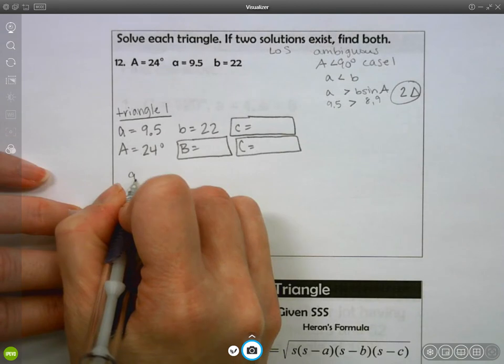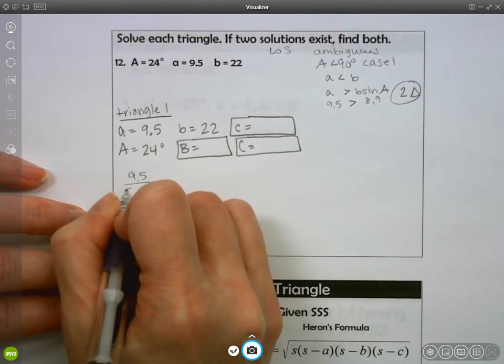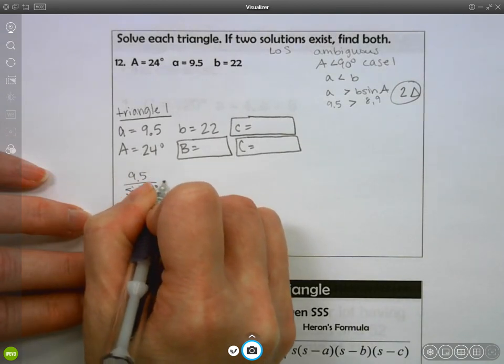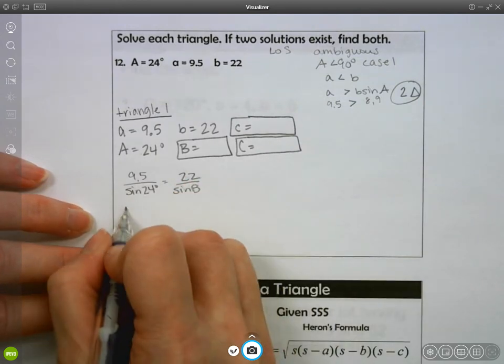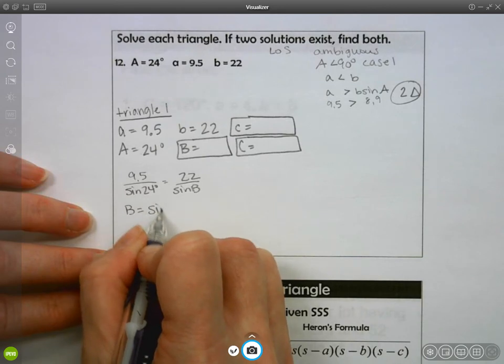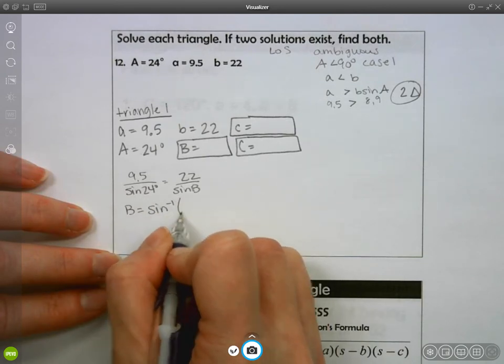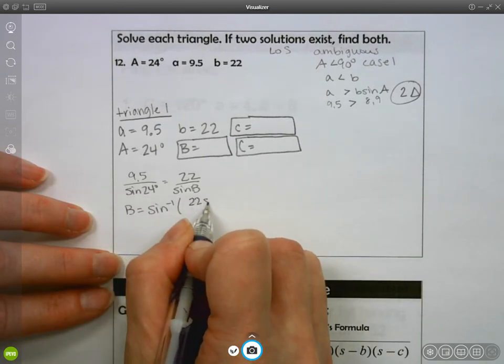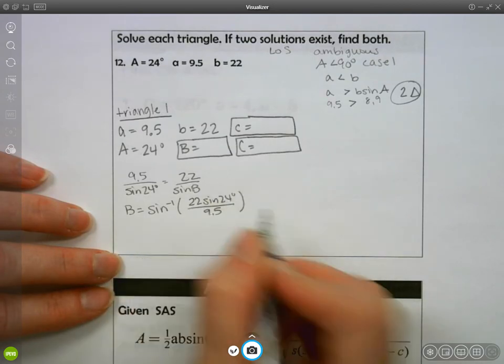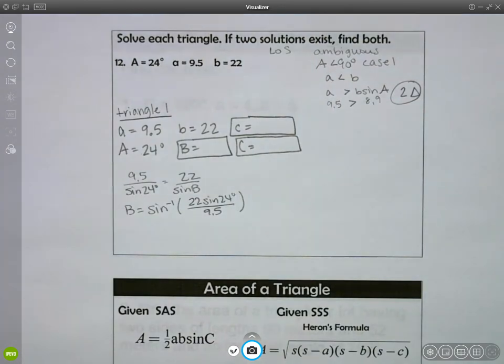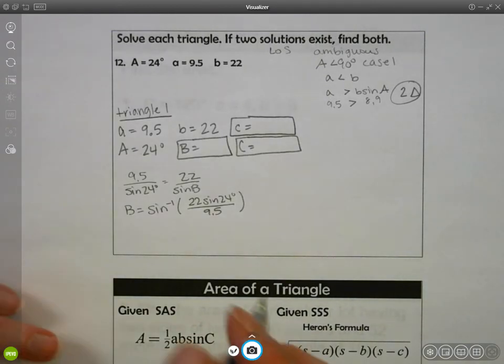So we're going to do 9.5 over sine of 24 is equal to 22 over sine of B. So we can get B by doing inverse sine of 22 sine 24 over 9.5. All right, so second sine 22 sine 24 divided by 9.5, we get 70.4.